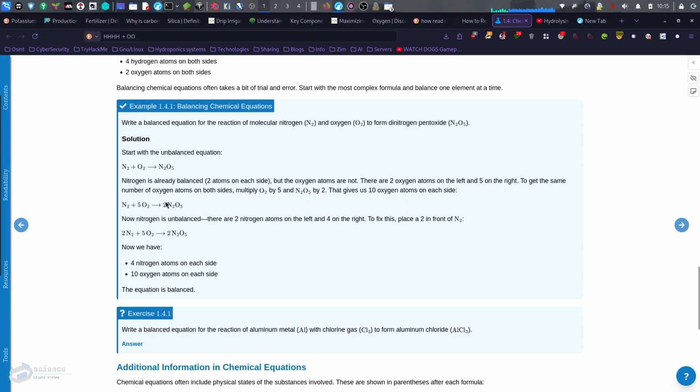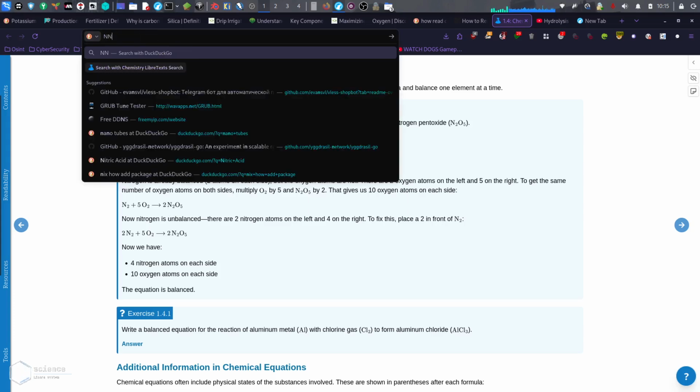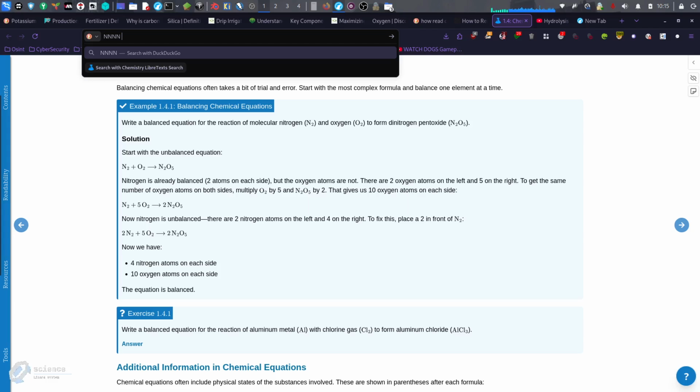We say we have two molecules of dinitrogen pentoxide. 2 by 2, 4 nitrogen. And 2 by 5 is 10. It's 10.